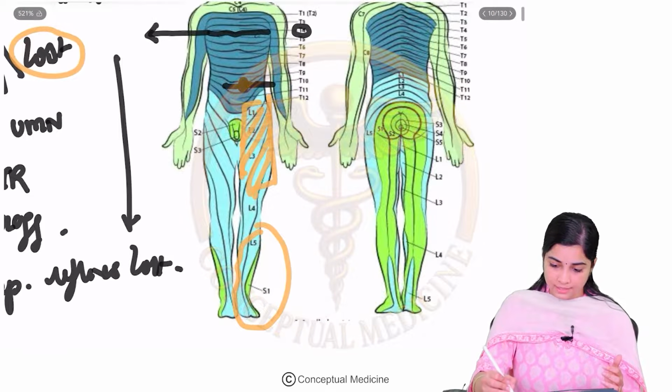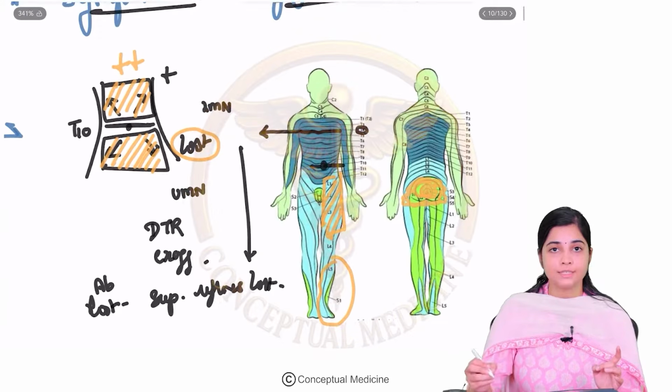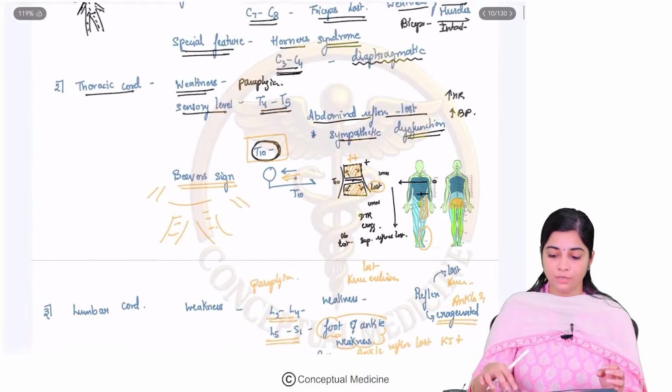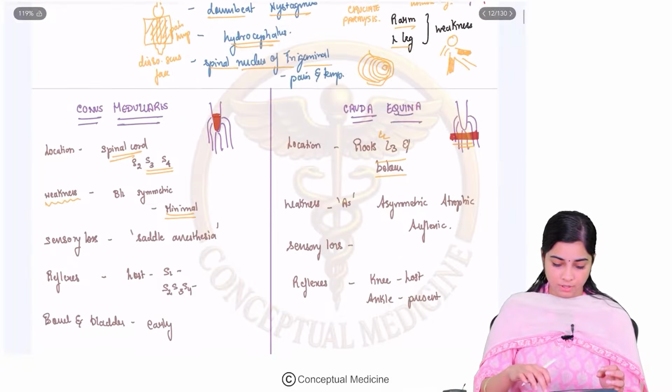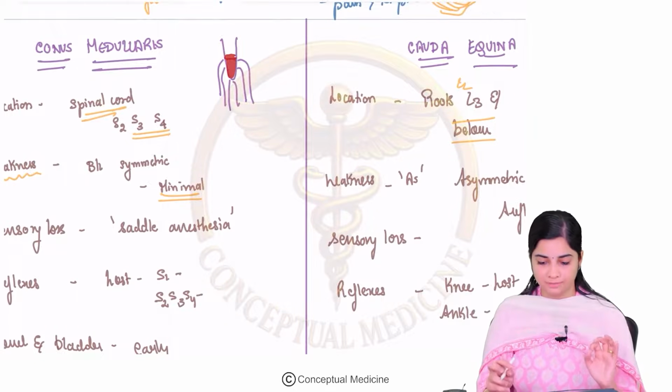You can see that S2, S3, S4 are predominantly supplying only these parts, right? So, predominantly it is supplying a very minor supply to the anal region, okay? So, you will not have much weakness. What you have is a very minimal weakness, even if you have it as a symmetric weakness.